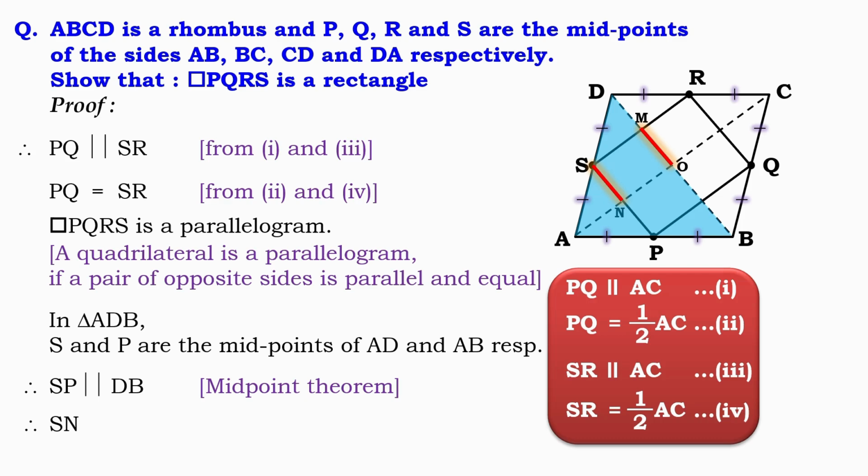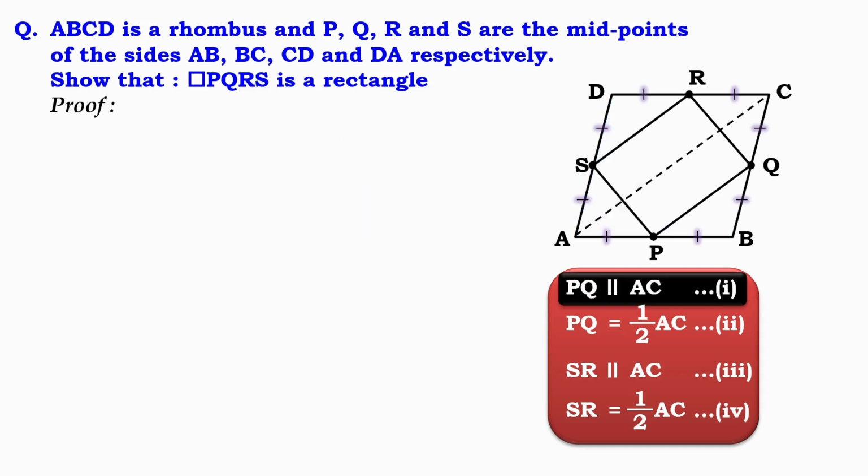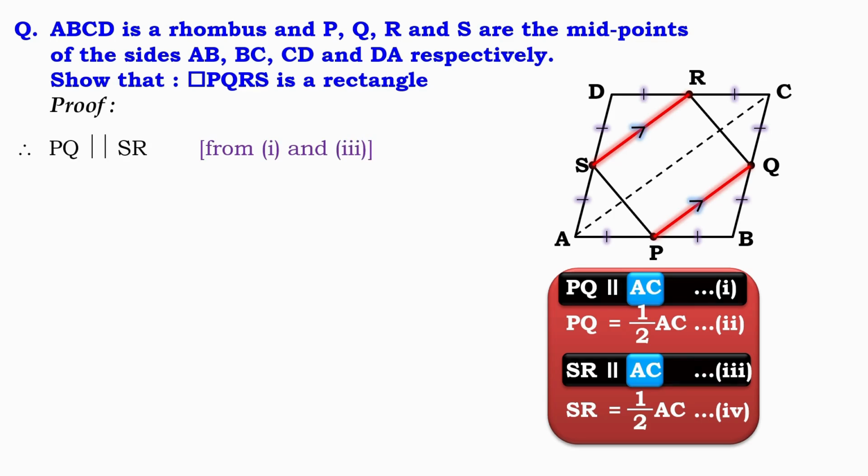Now, since SP is parallel to DB, SN will be parallel to MO, because this is a part of the line, right? Now if you take a look at equation number 1, PQ is parallel to AC and SR is parallel to AC, correct? So PQ is parallel to SR, that we already got.